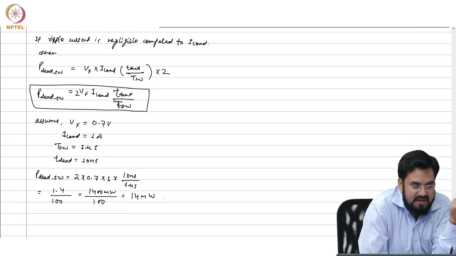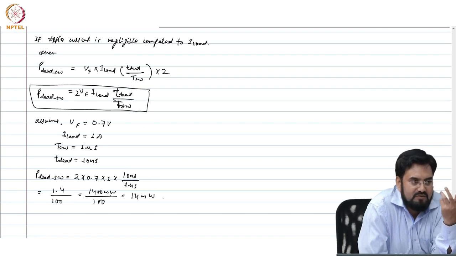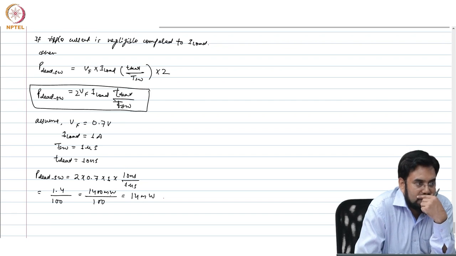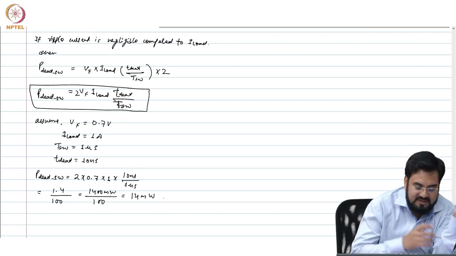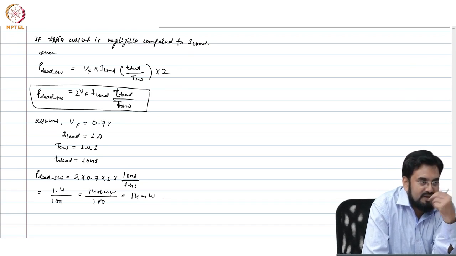So at 1 amp, if you are delivering, let's say, 1 watt of power, how much efficiency loss will you get? 10 milliwatt is 1%, so 1.4%. So 1.4% is not small actually. When you are competing with different parts or competitors, you try to extract even less than 1% efficiency.